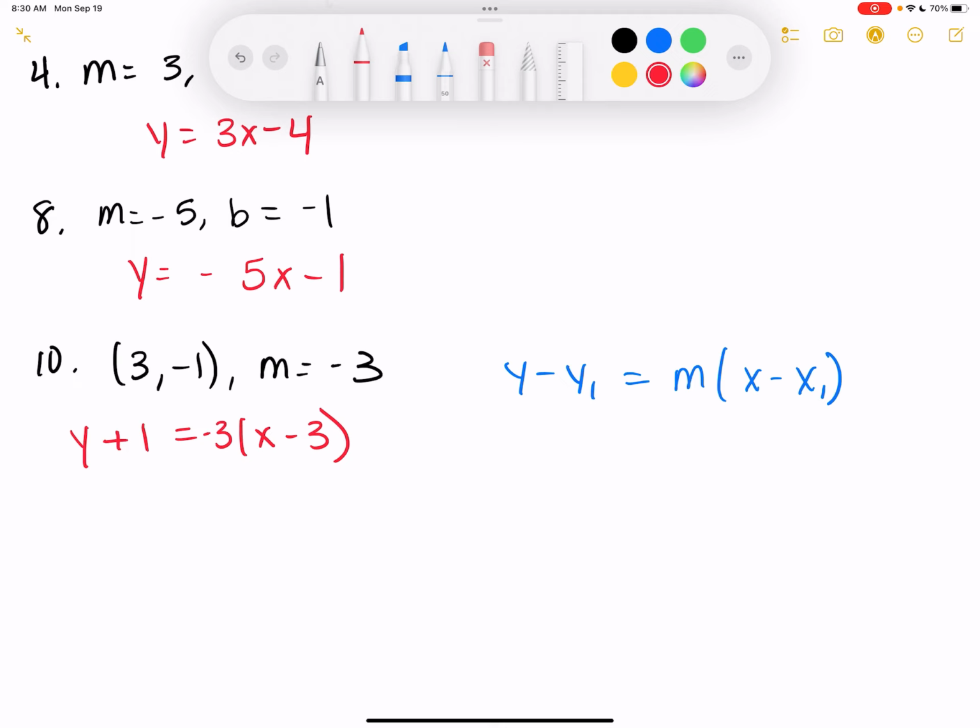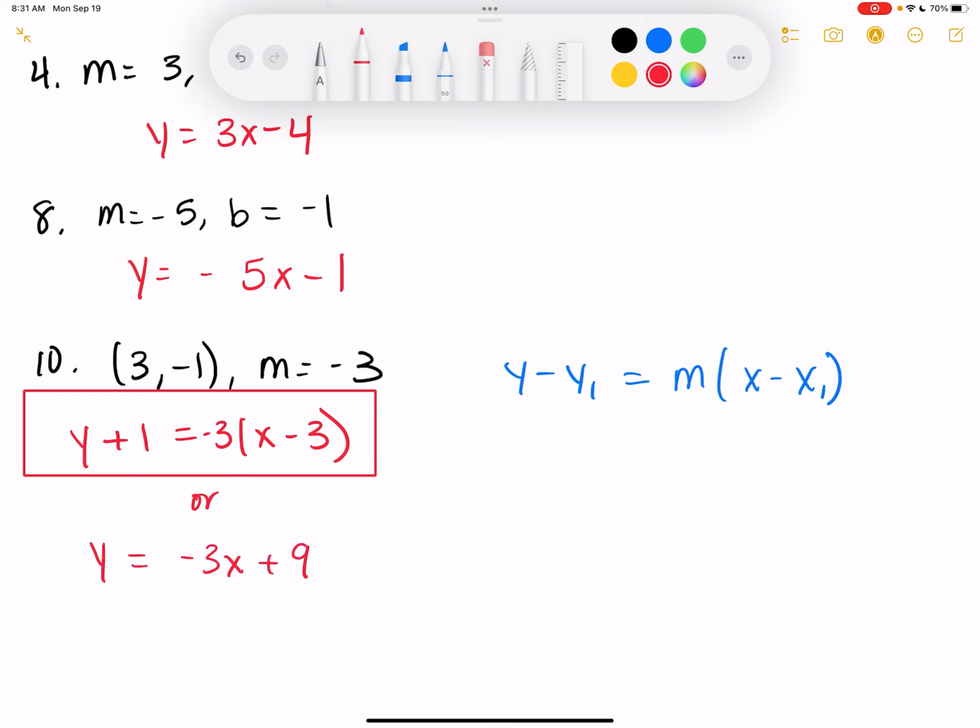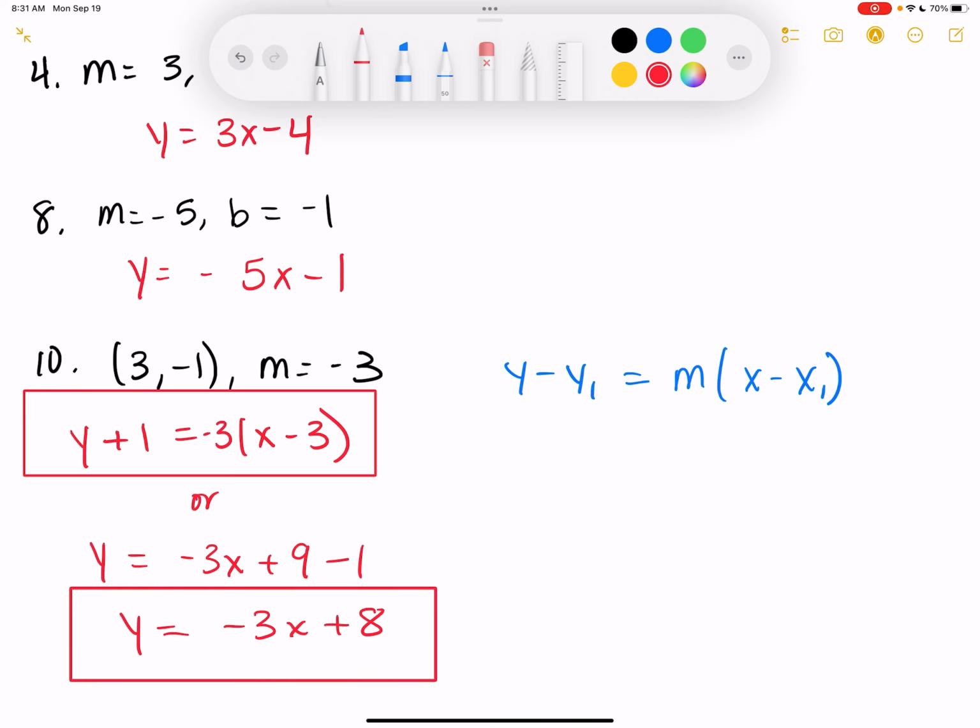You can either leave it here, or we can keep going. We can multiply through, subtract the 1, so that would be y equals -3x plus 9 minus 1, which is y is equal to -3x plus 8. I will take your answer either way. If you check your answers in the book, they're going to put it in point or slope intercept form.